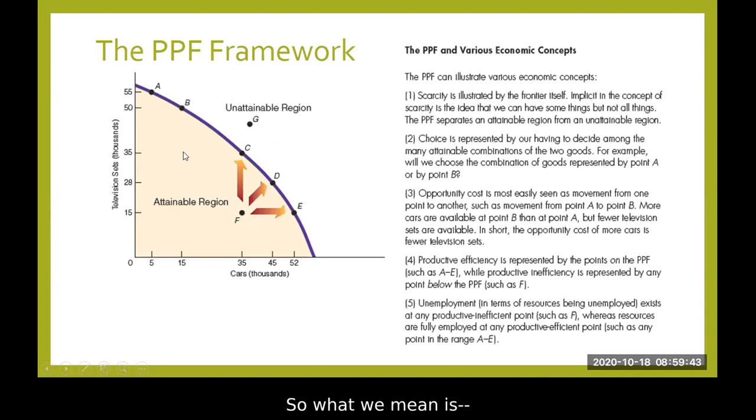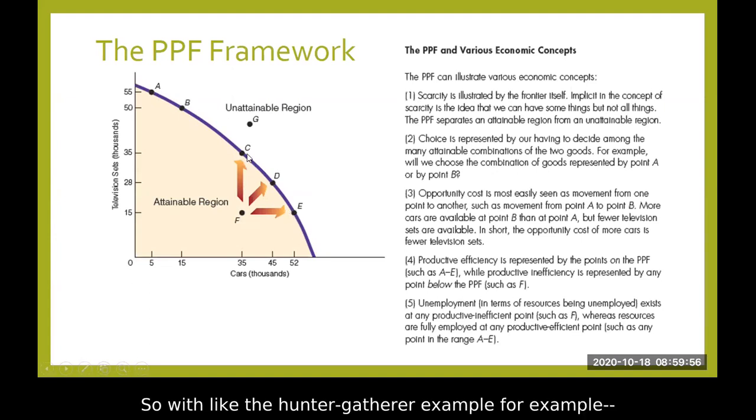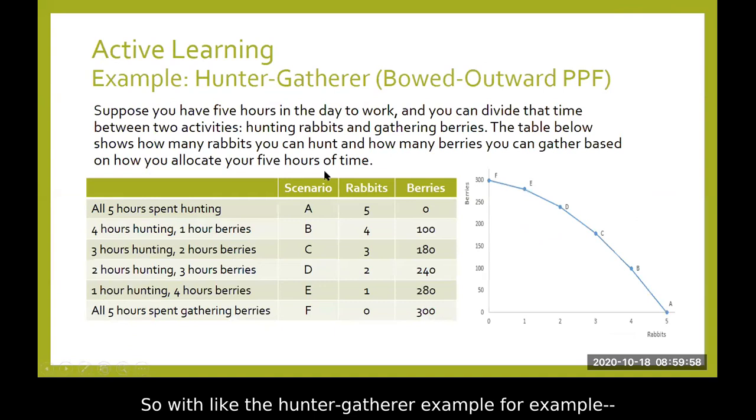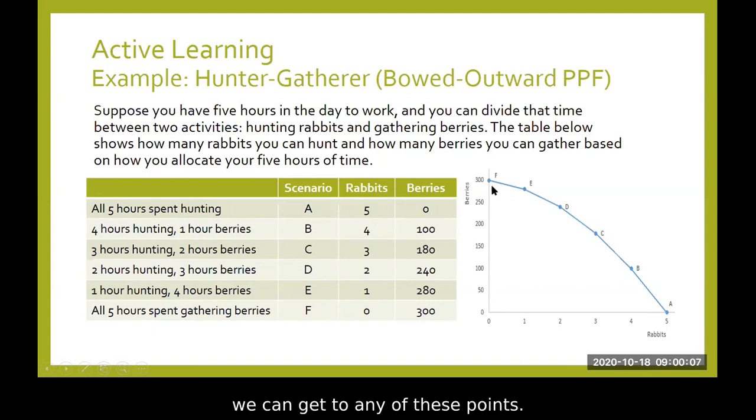Anything along this purple line, the PPF, we know is possible. With the hunter-gatherer example, we know each of these points is possible. It's just based on how we're dividing up the time, we can get to any of these points. So any point along the frontier is possible.